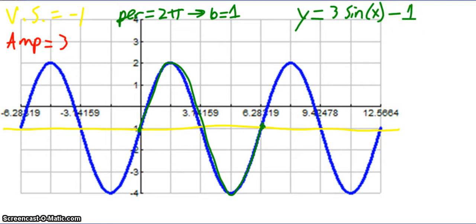And for cosine, again, we have the choice of I can shift pi halves to the right or pi halves to the left. I could shift 3 pi halves and other choices as well, but those are the easiest ones, so I'm going to say y equals 3 cosine of x minus pi halves, and then minus 1.